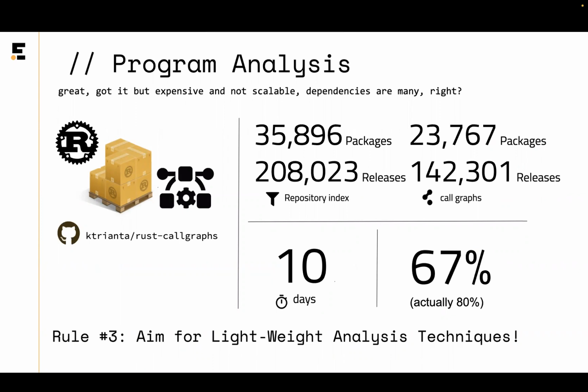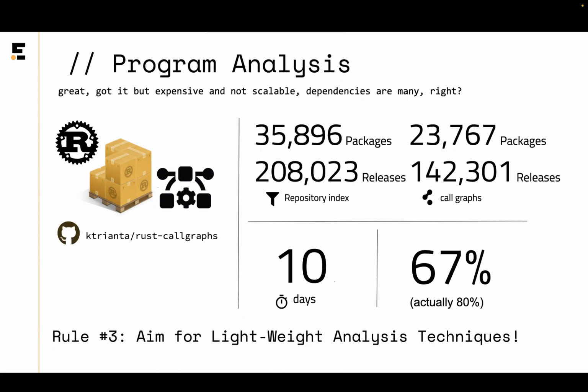Usually when we apply static analysis or program analysis, we mainly focus on the project, not on the project and its dependencies together. Because when we increase the analysis scope from a project to a project plus its dependencies, it becomes way more time consuming.